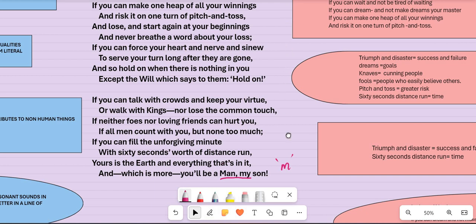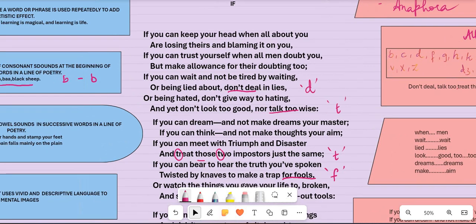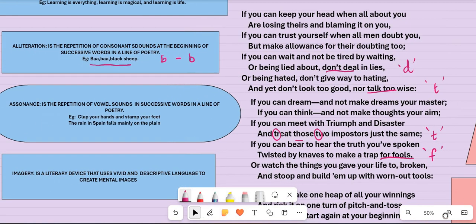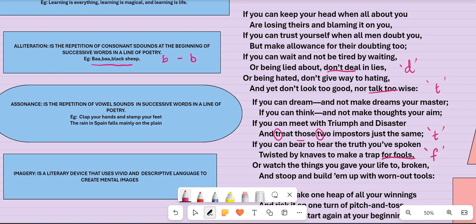So I hope you have understood the concept of alliteration and how to identify consonant sounds from poetry. Remember this point in mind. It is a repetition of consonant sounds at the beginning of successive words in a line of poetry. There we learned the example, baa baa black sheep. There the ba sound is repeated for baa baa black, right?